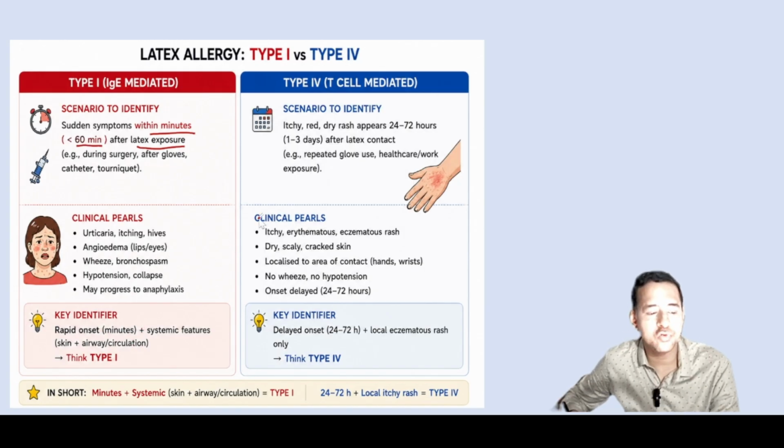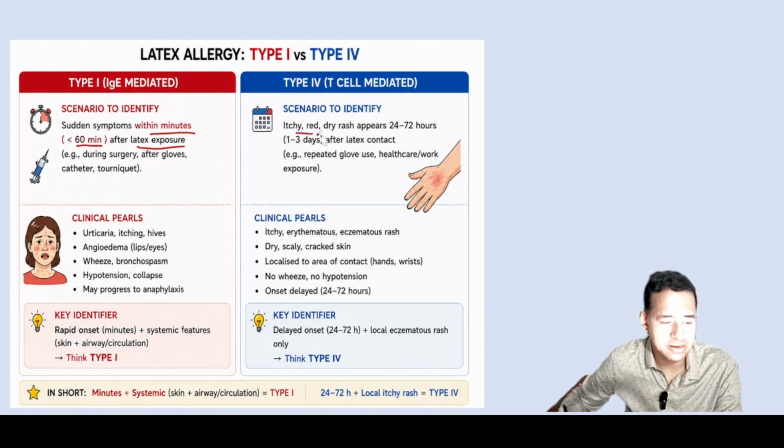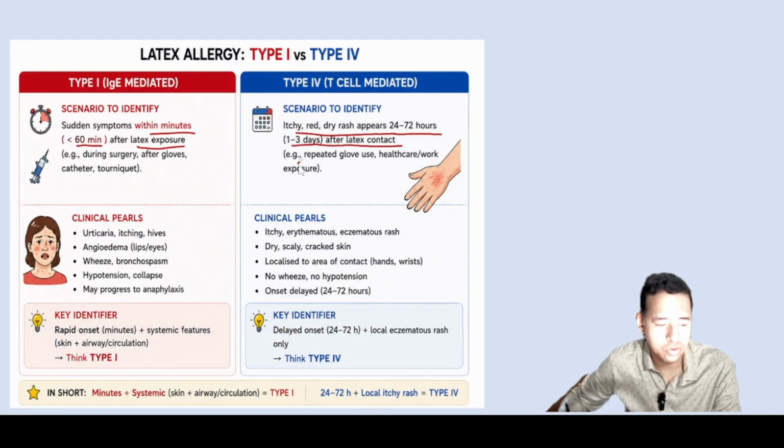And in type 4, how to identify it? Itchy, red, dry rashes appear 24 to 72 hours, 1 to 3 days after latex contact, for example repeated glove use, healthcare work exposure.